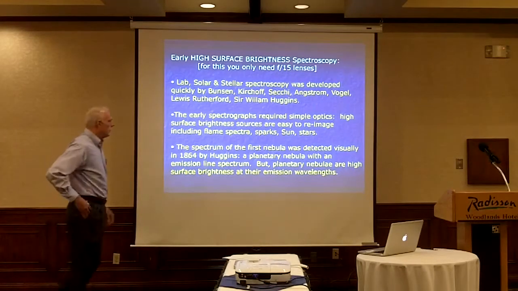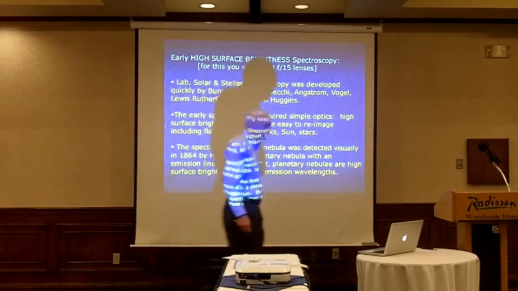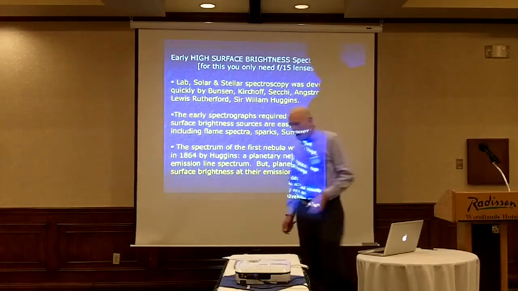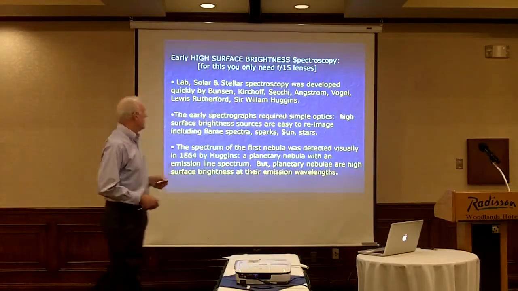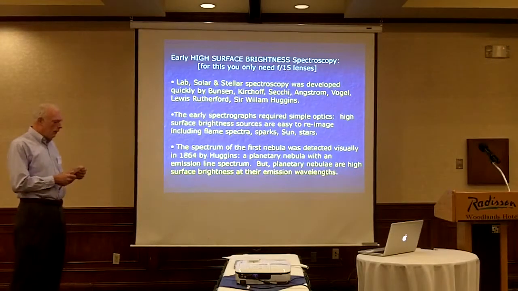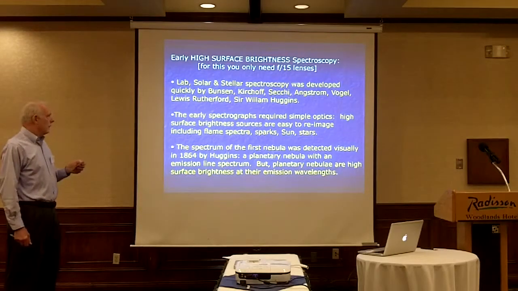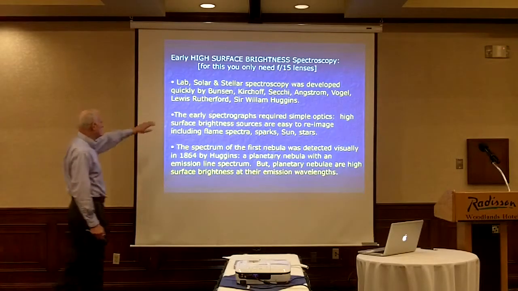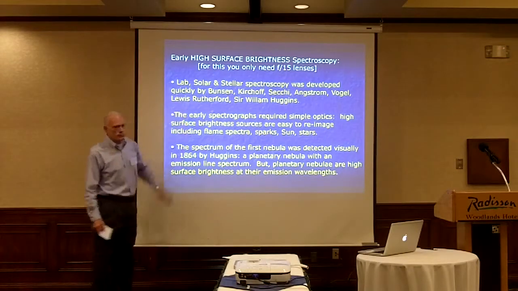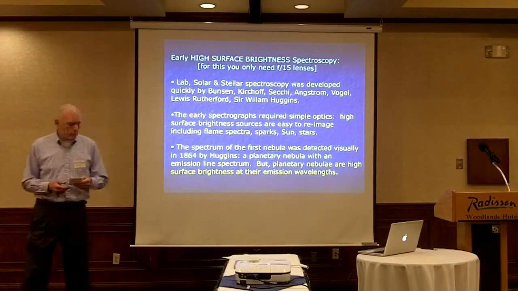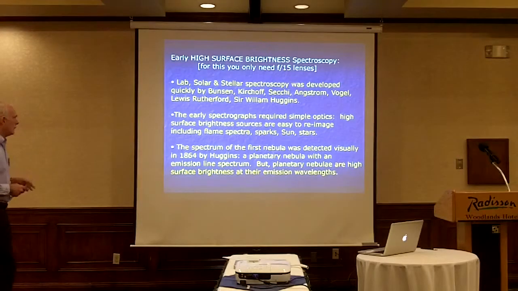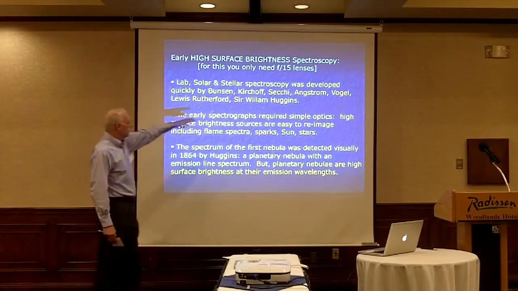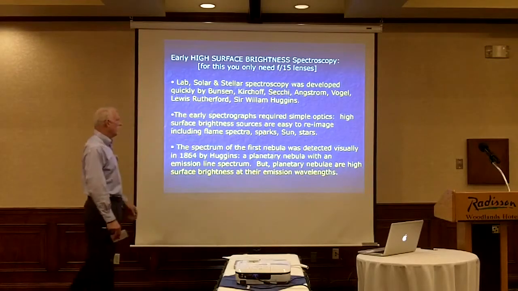And the names associated with that are Bunsen, you can see it here, Kirchhoff, I have the first names of these other people, Angelo Secchi, Anders Angstrom, Hermann Vogel, Louis Rutherford, to be distinguished from the very famous Rutherford. This is an observer who was in the state of New York, and especially William Huggins in England.